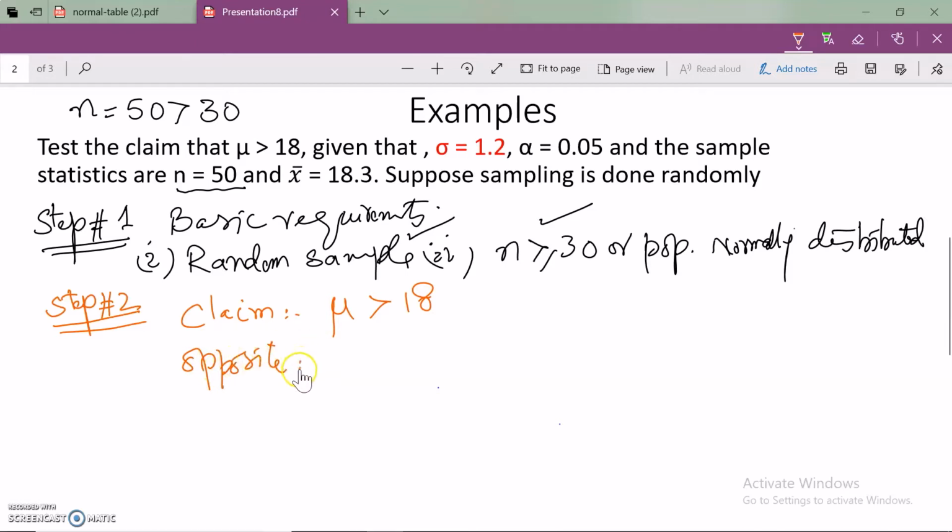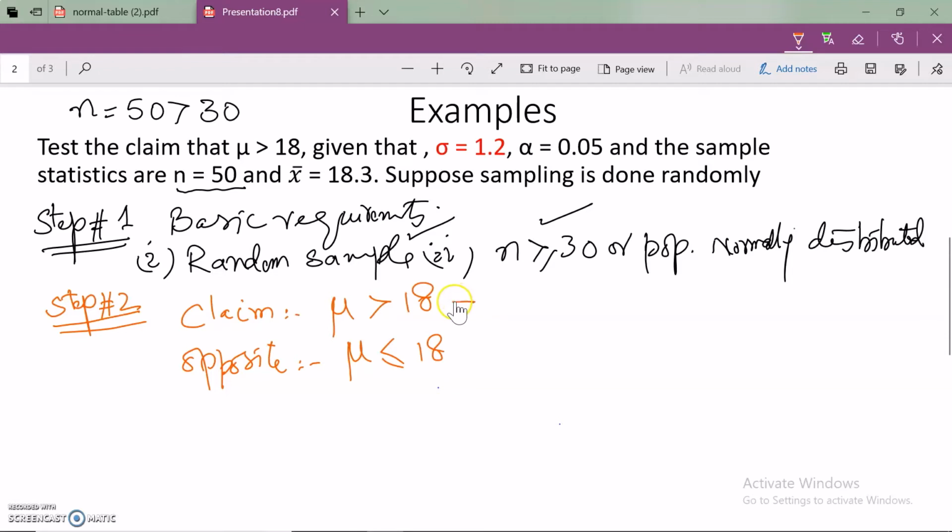Let's write its opposite. I hope you remember the process of writing the null and alternative hypothesis. What is the opposite of this one? Opposite of this claim will be mu is less than or equal to 18, right? Now one of these two statements is a null hypothesis and one of these is an alternative hypothesis.